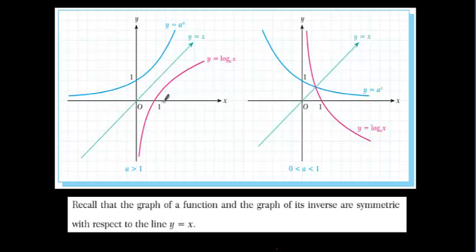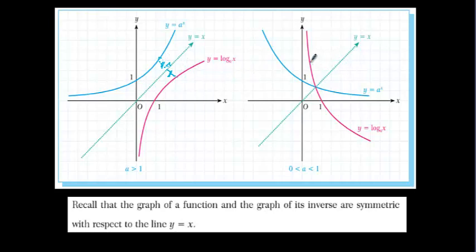If I draw some function here, and its symmetric is here, these two functions are symmetric to each other. I will explain the symmetry like this: when you take a perpendicular line and the distances are the same, it means that they are symmetric.